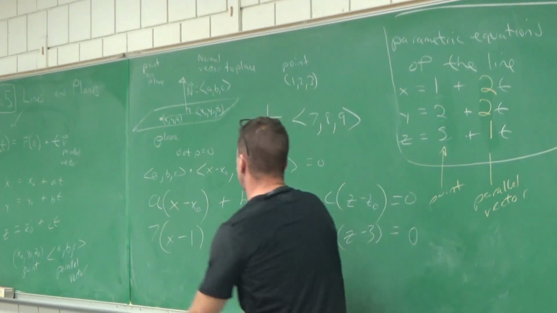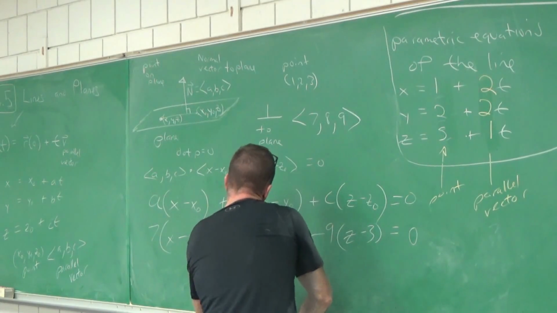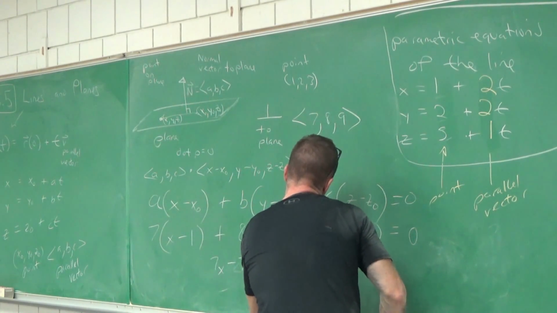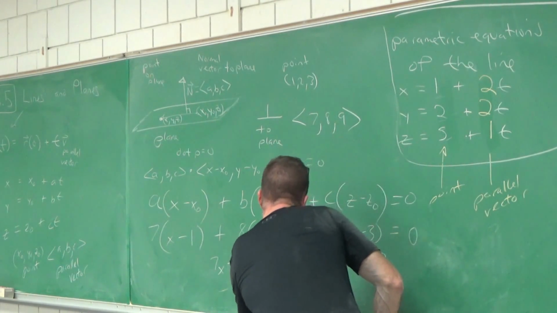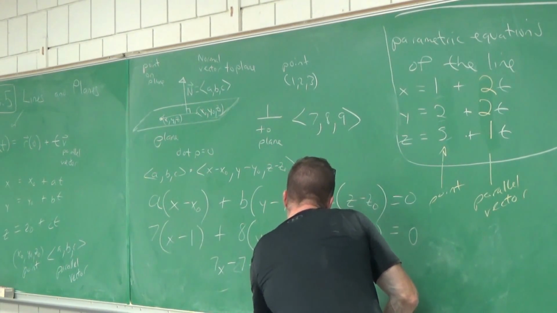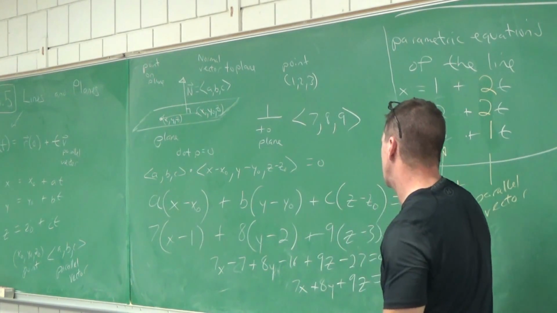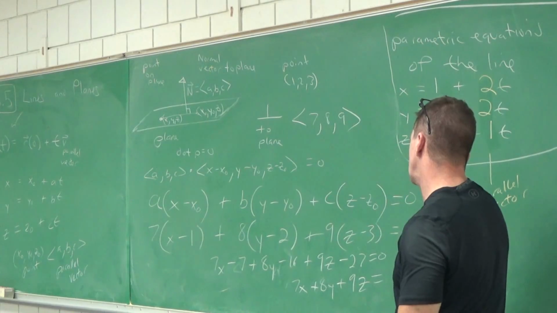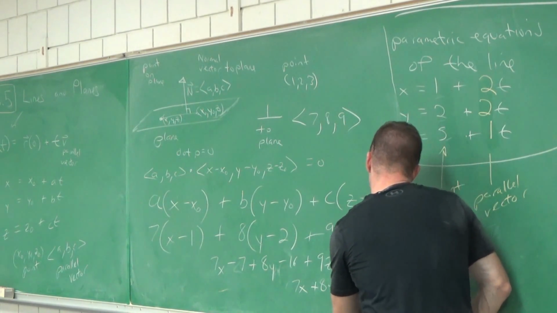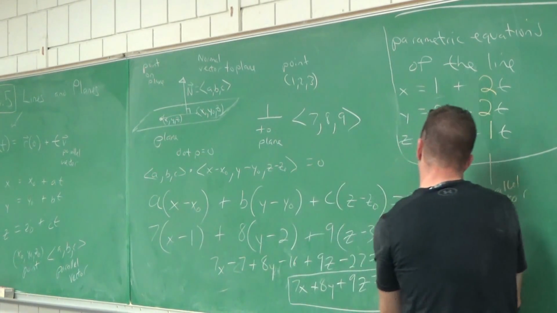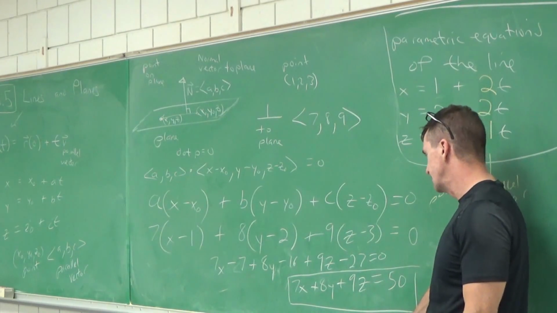What do we get here? 7x minus 7 plus 8y minus 16 plus 9z minus 27 equals 0, or 7x plus 8y plus 9z equals, is it 50? Now that's better. You don't have to leave it equal to 0, you can simplify it.